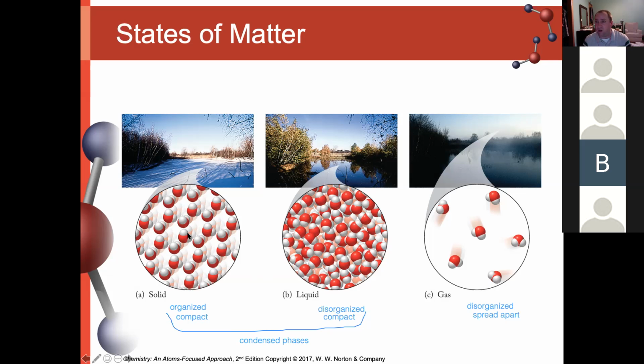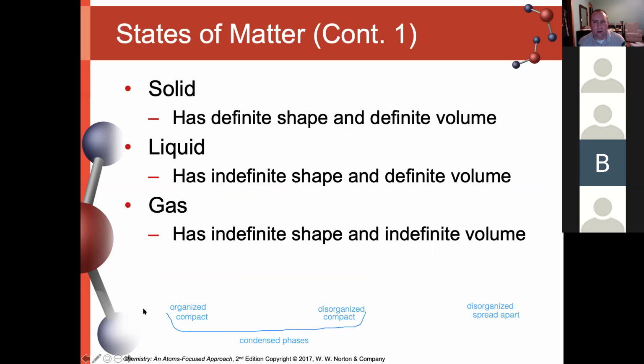And the molecules are very, very close to each other. As a result, they're going to have a lot of interactions with each other. And when we get to chapter 6, we'll talk about those interactions and how they exist and what they do. Whereas for the gas, the molecules aren't very close together at all. They're quite disorganized. And for those reasons, we can talk about solids, liquids, and gases in terms of shape and volume.